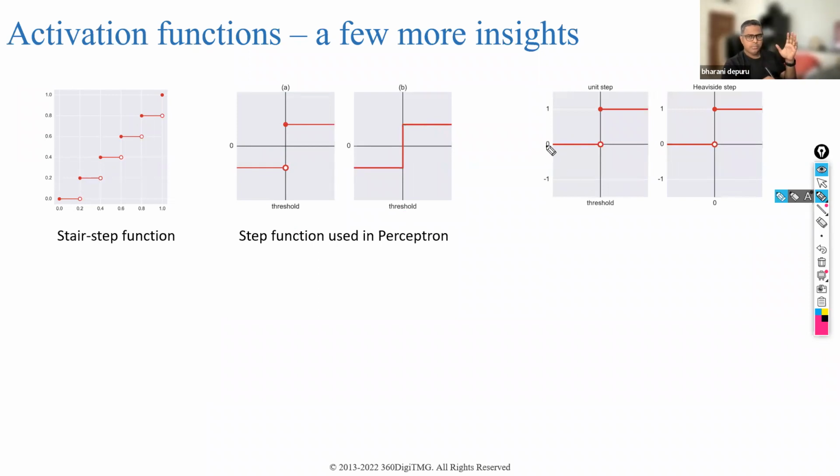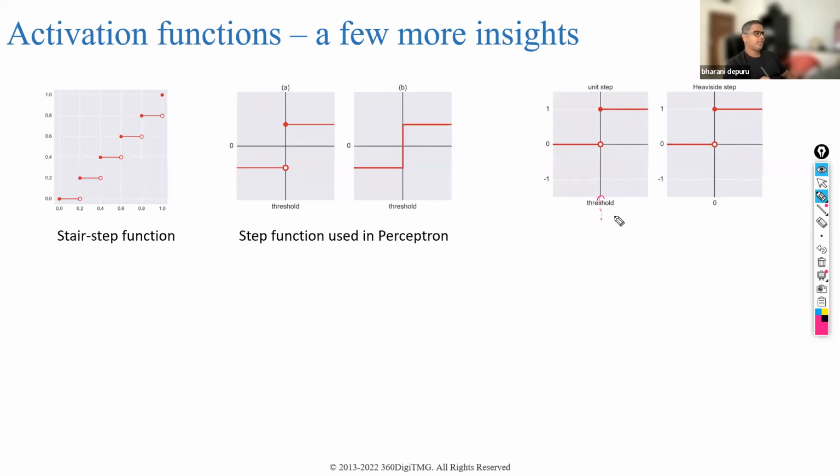Towards the right of the threshold value, including the threshold value, wherever you have a filled circle, if it's exactly that point, it belongs to this area. So exactly if you get the threshold value, the output would be equivalent to 1.